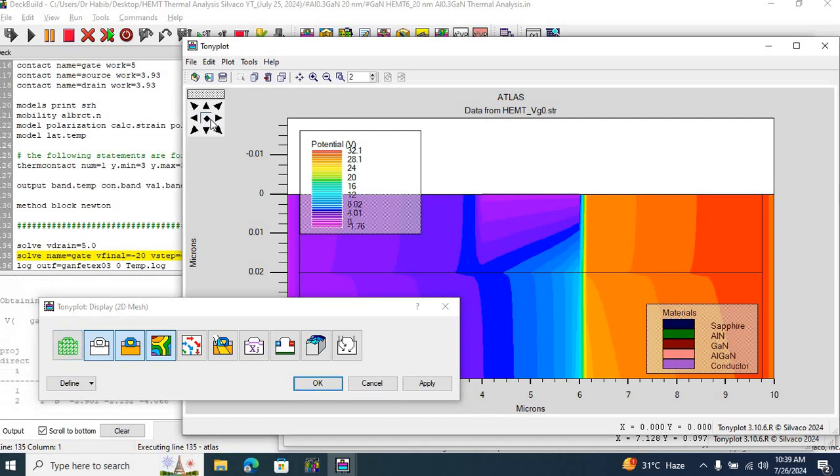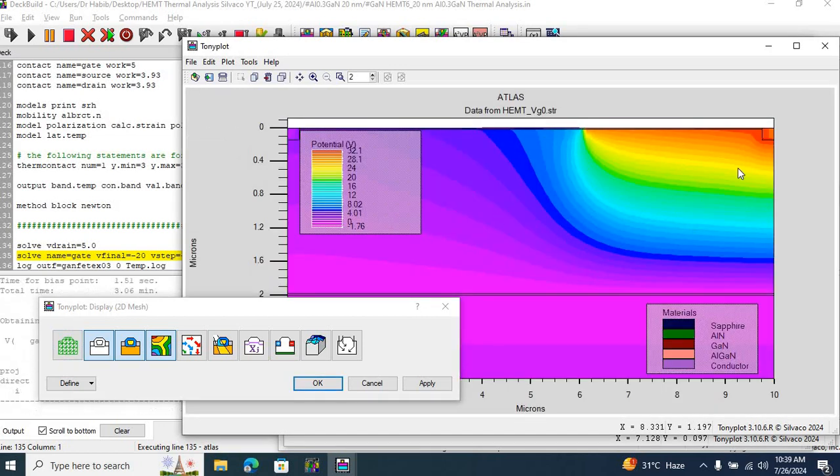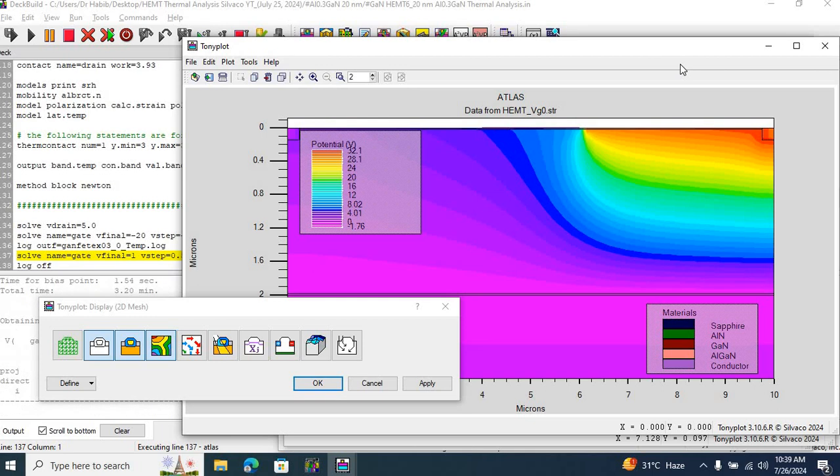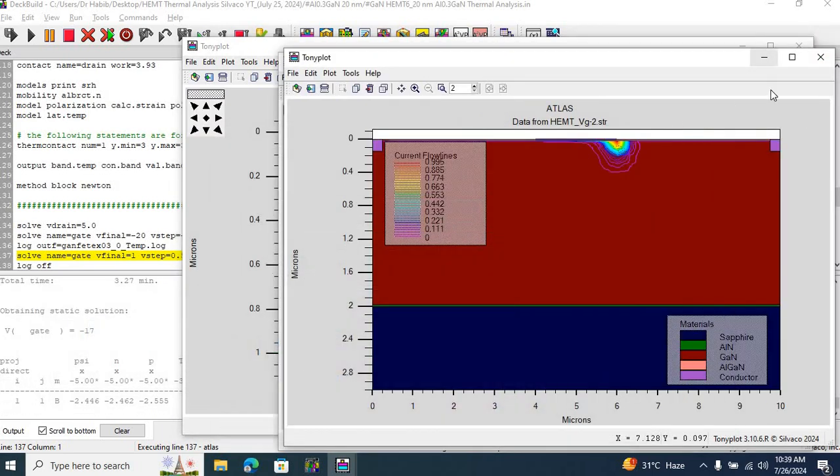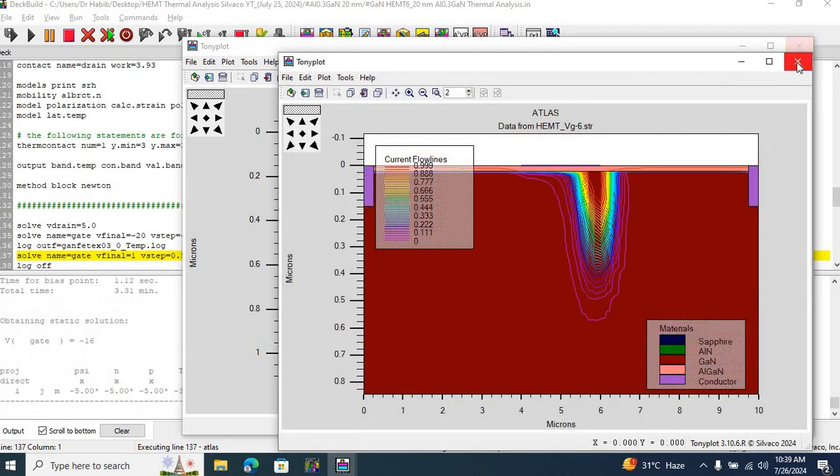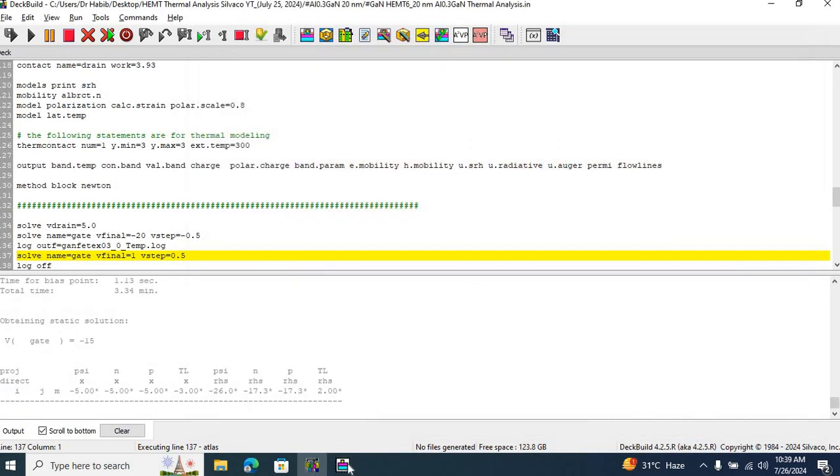Okay, and we zoom out the structure. So here is the potential across this device. Okay, I'm gonna close these figures now.